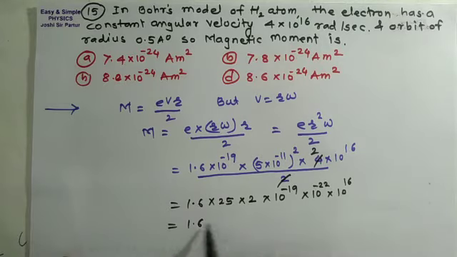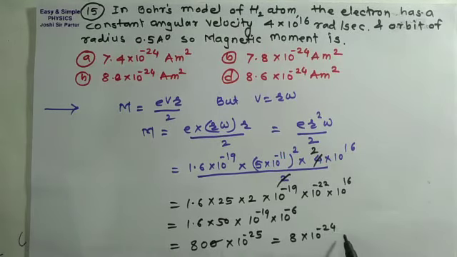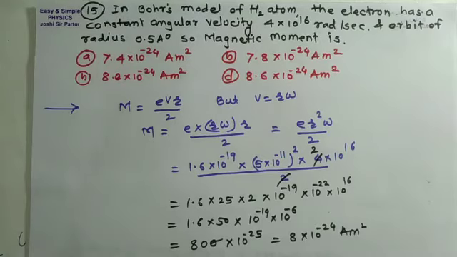It is 1.6 into 50 multiplied by 10^-19 multiplied by 10^-6, which gives 80 × 10^-25, which is 8 × 10^-24 ampere meter square.